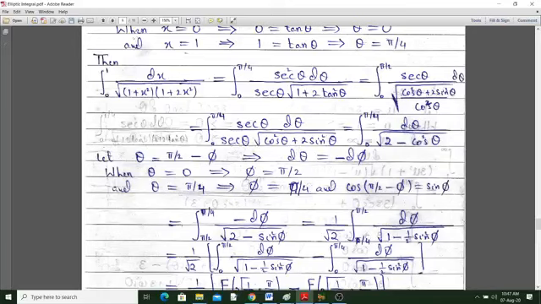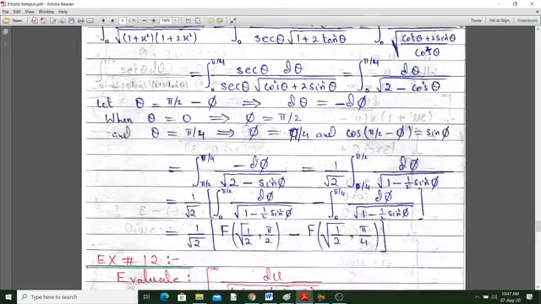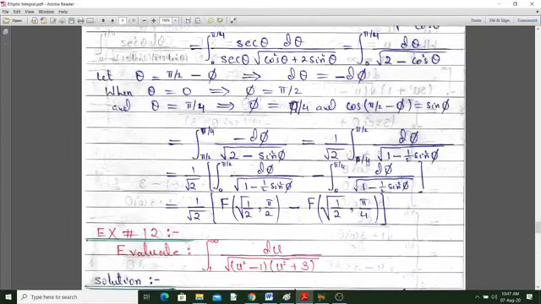So putting this transformation in, we get this expression, and because the upper limit is lower and the lower limit is greater, we interchange the limits, we get a minus sign, and minus minus is plus, so we get this expression. Also we take 2 as common here, so that we have 1 here. Now this is not an elliptic integral, because the limit of an elliptic integral starts from 0.